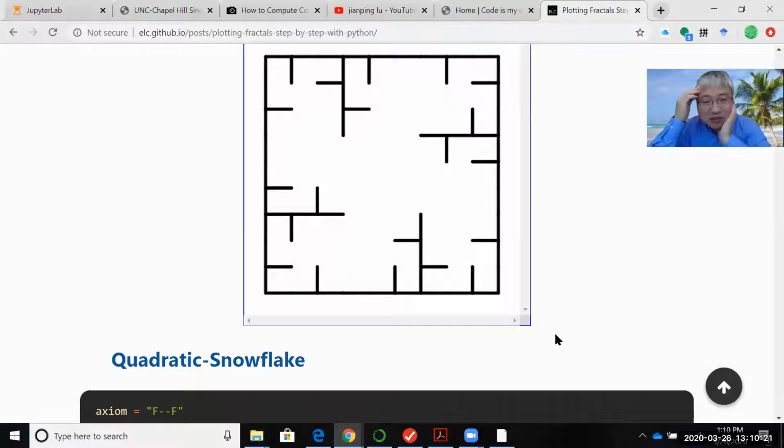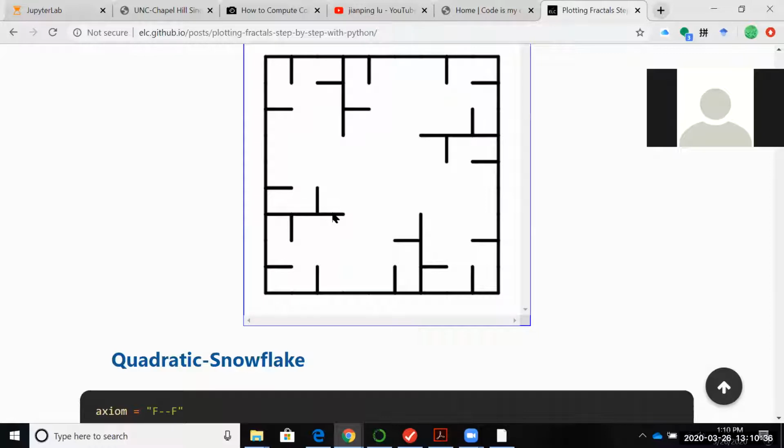So if you look at the center one, you're replacing one copy with 1, 2, 3, 4, 5 copies, isn't it? Well, on the first iteration, you only add the 4 long ones in the center, right? Yes.